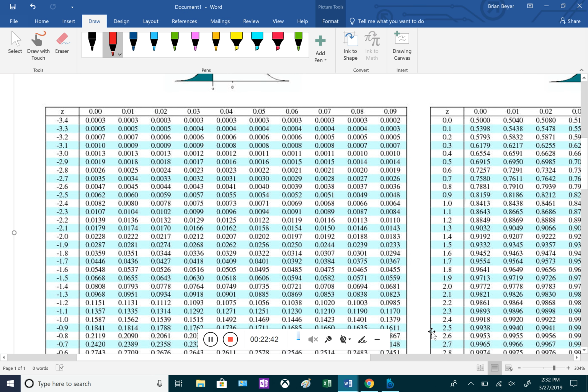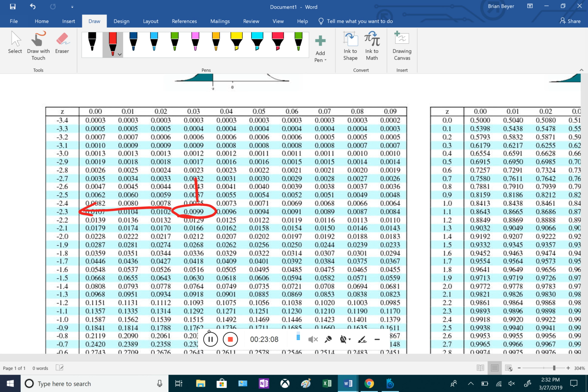So 0.01 looks like it is between those two values. It is not exactly between them. It's not the midpoint between them. So we pick the one that's closest. The one that's closest is this one, 0.0099. And the z-score that corresponds to that is negative 2.33.